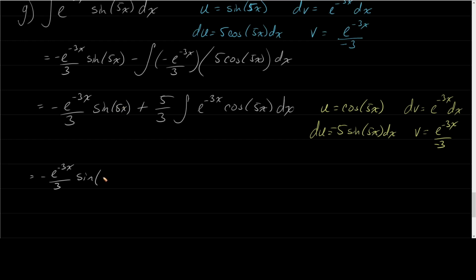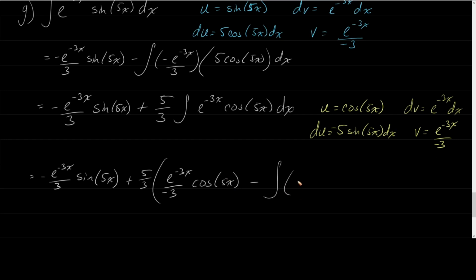All right, sine of 5x plus 5/3 times... We're going to use the integration by parts with this integral, but I'm leaving the 5/3 on the outside. So uv, I have e to the negative 3x over negative 3 times cosine of 5x minus the integral of v du.